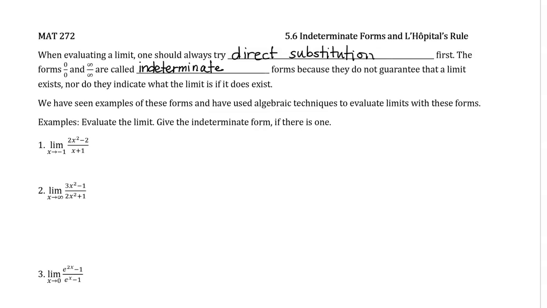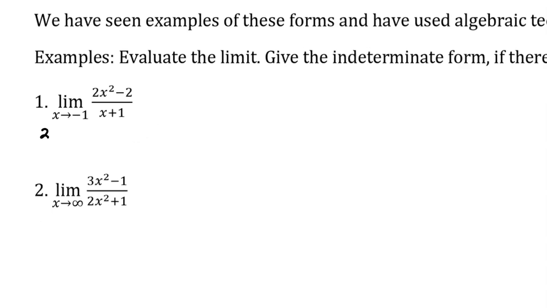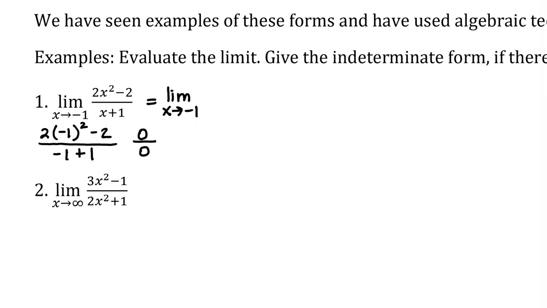In example 1, if I attempt to evaluate this limit with direct substitution, we have 2 multiplied by negative 1 squared minus 2 over negative 1 plus 1, which leaves us with the indeterminate form of 0 over 0. I could then work on simplifying this expression. I'll factor a 2 out of the numerator.